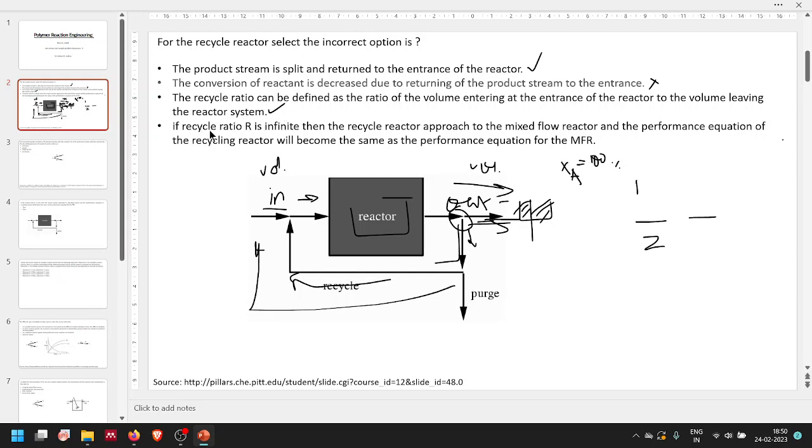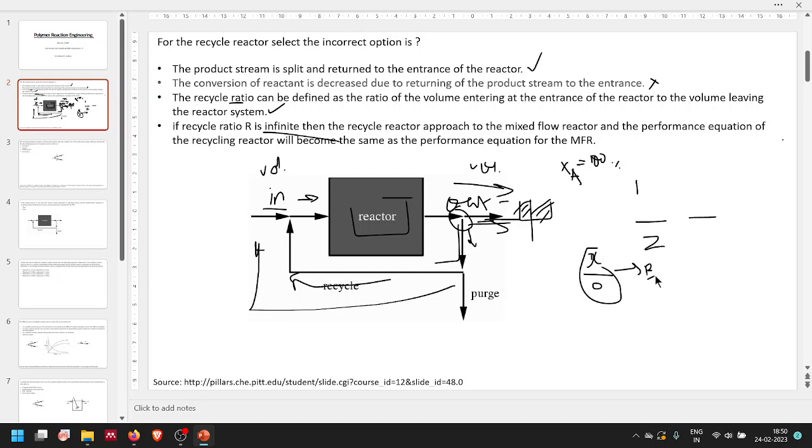And next we have: if recycle ratio R is infinite, then the recycle reactor approaches the mixed flow reactor, and the performance equation of the recycle reactor will become the same as the performance equation of an MFR. Now, as we just defined the recycle ratio, if the volume entering the reactor is, for example, X, then for the recycle ratio to become infinite, the volume coming out should be basically zero, so that the entire term becomes infinite.